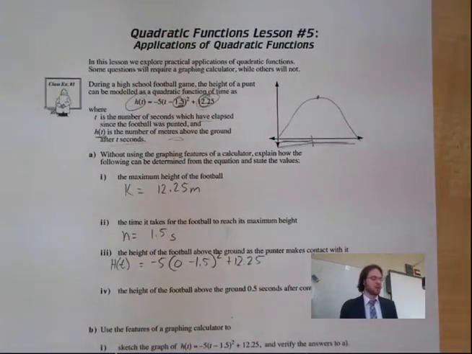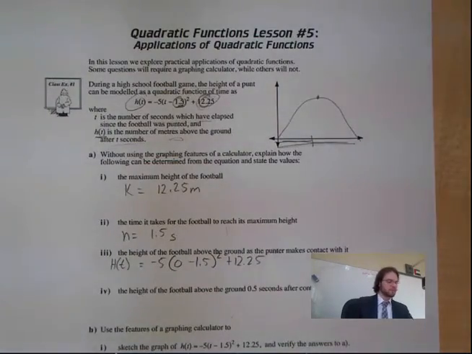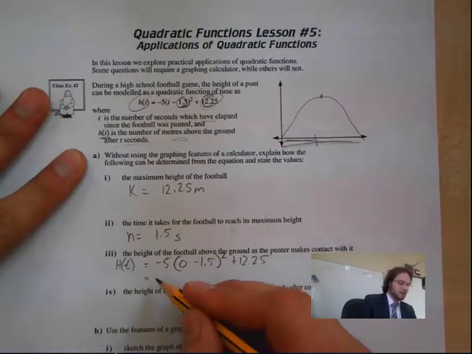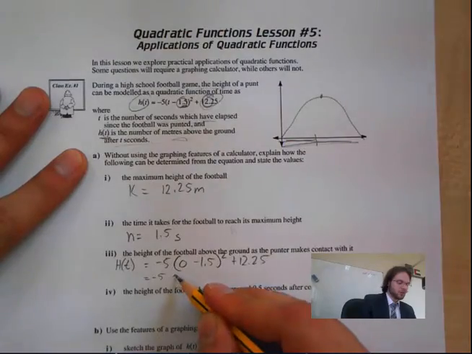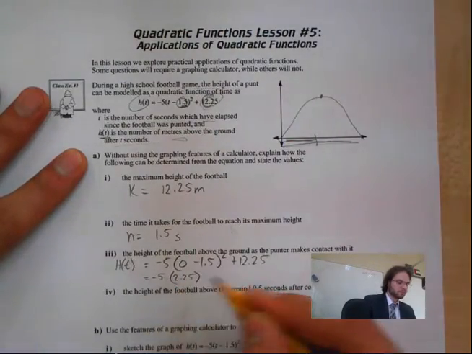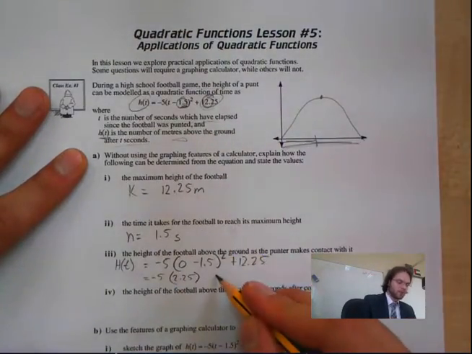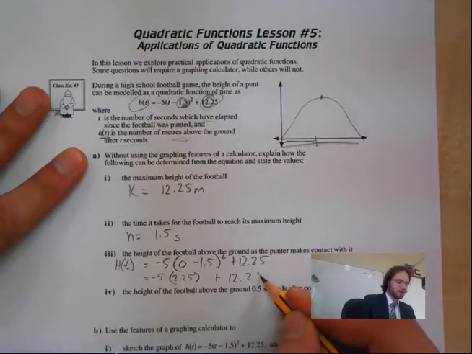Now I'm going to try and calculate this. I'm going to get -5 multiplied by 2.25, plus 12.25.